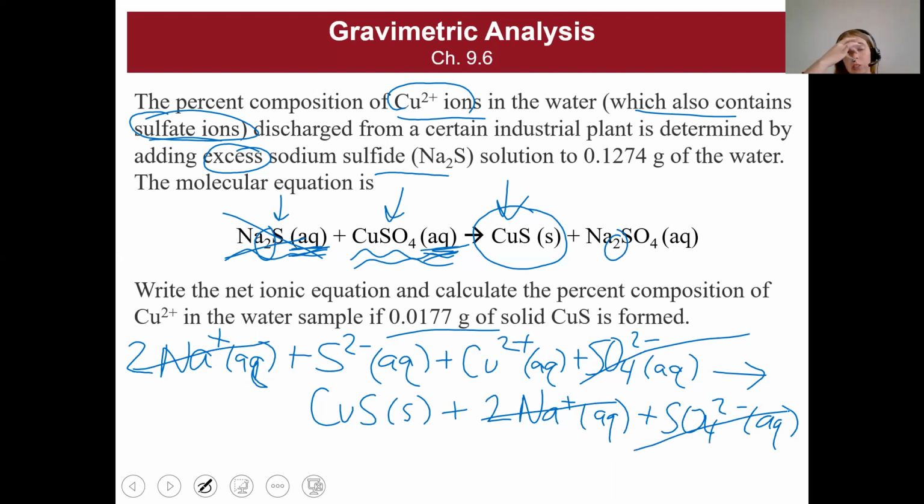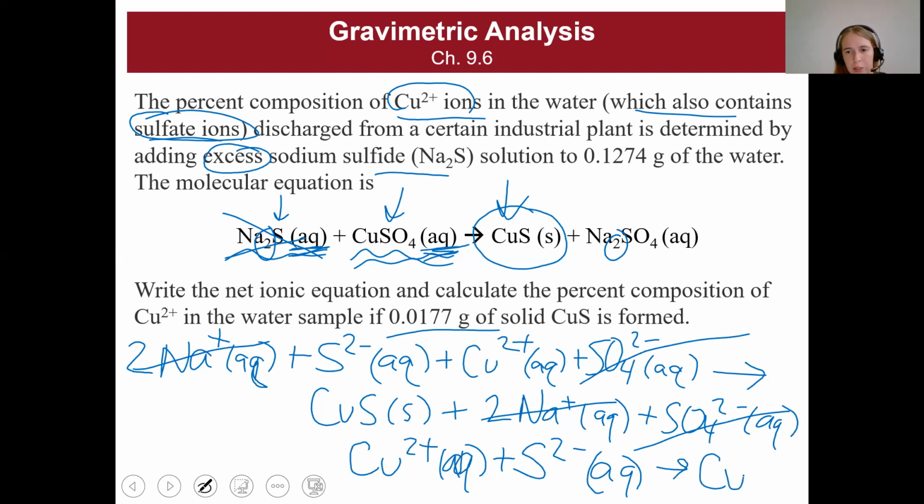So our net ionic equation is Cu2+ aqueous, plus S2- sulfide ion aqueous, forming CuS solid. That is our net ionic equation down here. So it's a 1-to-1 reaction. We don't have to worry about any kind of stoichiometry.